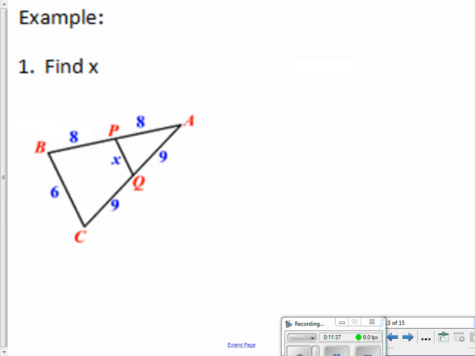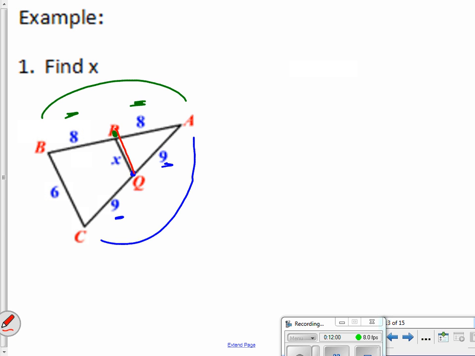Now, because P cuts AB exactly in half, we have 8 and 8. P would be a midpoint. Same thing, Q cuts CA exactly in half, 9 and 9, so Q is a midpoint. Because those are our two midpoints, and they are connected by this line, that would be a mid-segment.